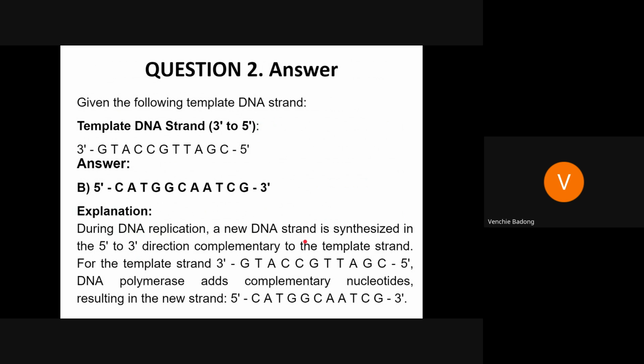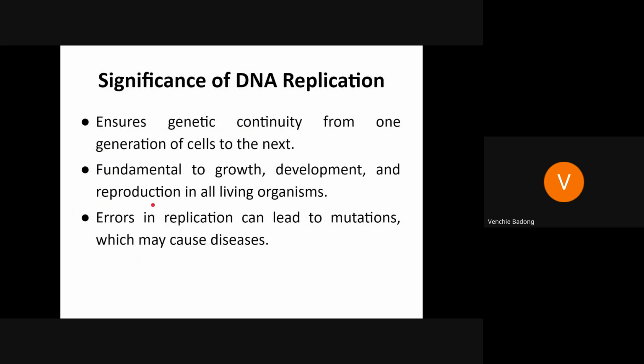Take note that the base pairing will always be G to C, T to A, and vice versa. So DNA polymerase adds the complementary nucleotides, resulting in the new strand, which is, of course, letter B as the correct answer from the given choices.